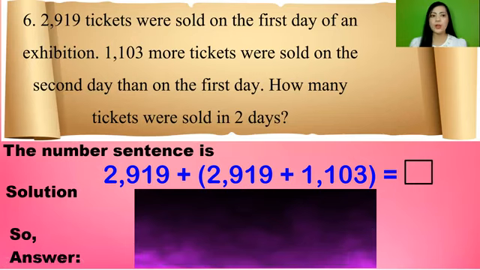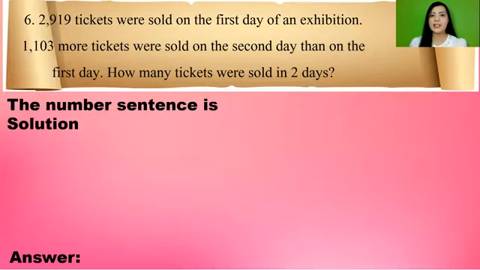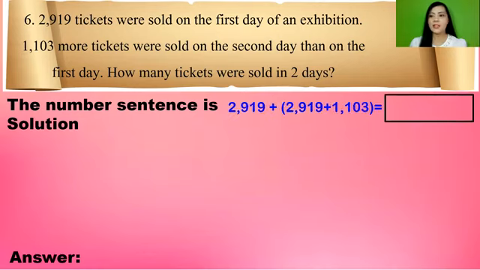All right, I think you are finished there. So this is the answer for number 6. You can check by yourself. This is the number sentence: 2,919 plus, in the bracket, 2,919 plus 1,103, equal to a box.